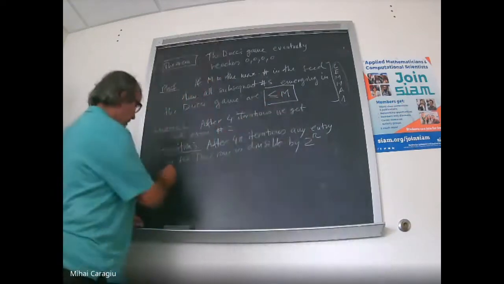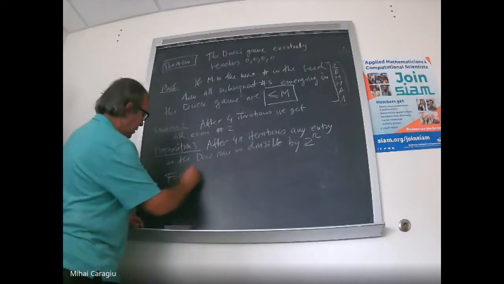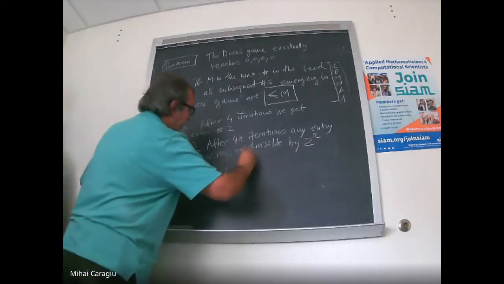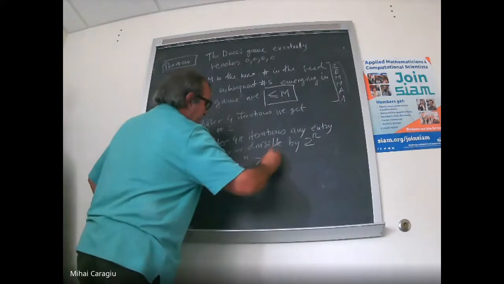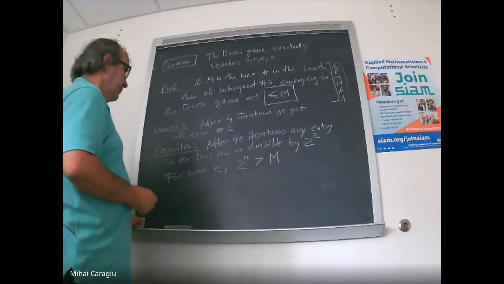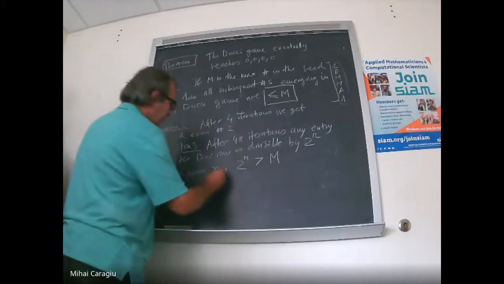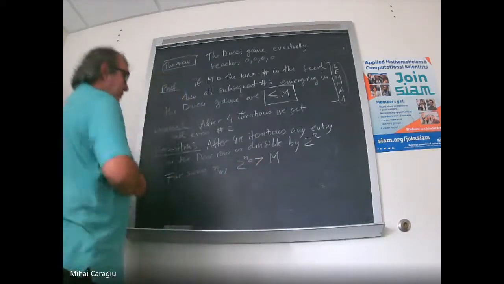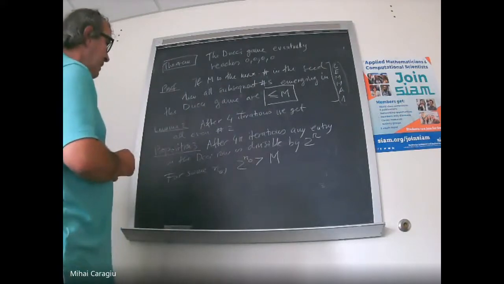So now, for some n, 2 to the power n is bigger than n. Let's call it n0: 2 to the power n0 is bigger than n. So what does it mean?